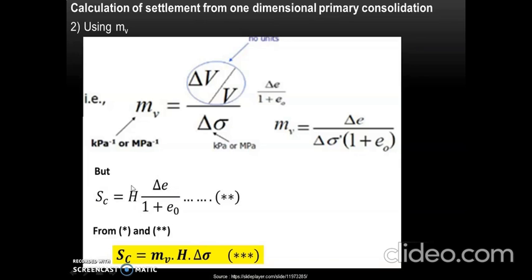We will write this equation in terms of mv. So we will replace delta e divided by 1 plus e0 by mv into delta sigma dash. So finally we get the equation for consolidation settlement Sc is equal to mv into H into delta sigma.